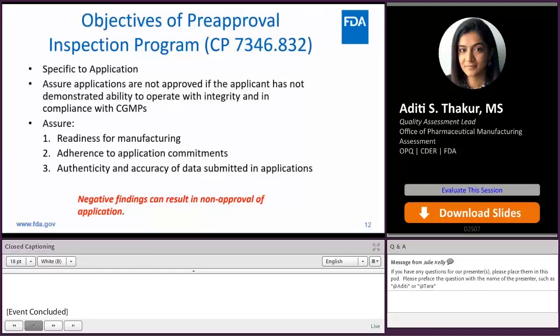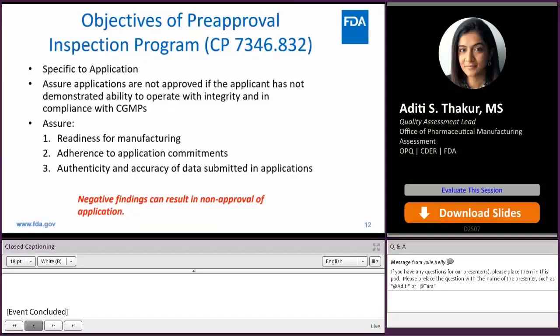The PAI provides assurance that applications are not approved if the applicant has not demonstrated the ability to operate with integrity and in compliance with the CGMPs. PAI covers CGMPs, but also verifies the information submitted for review and determines if the firm has adequate controls in place to manufacture the new product consistently.